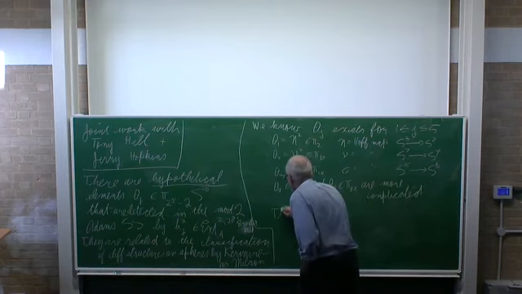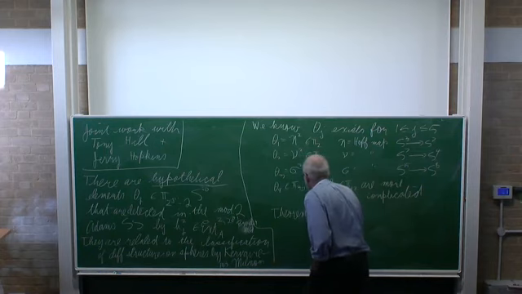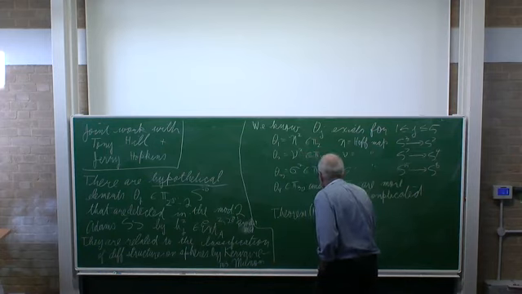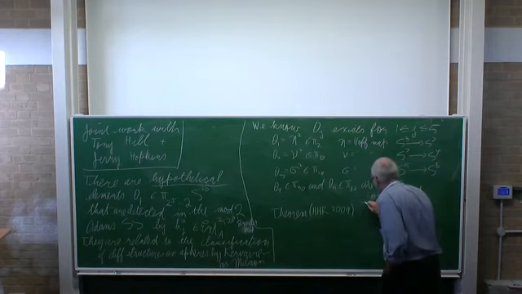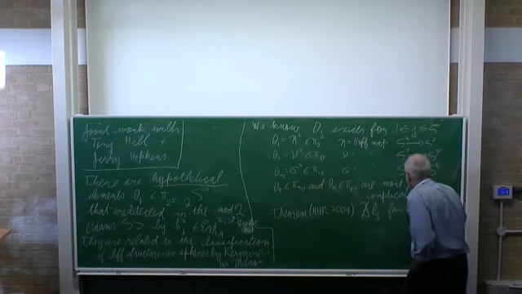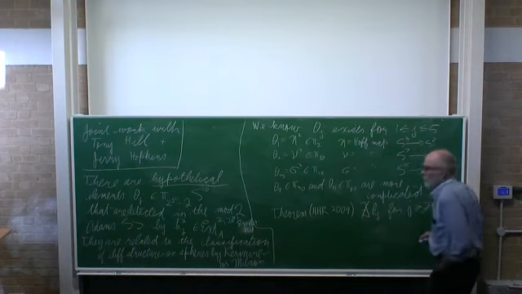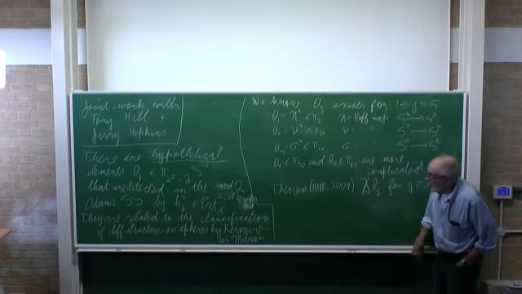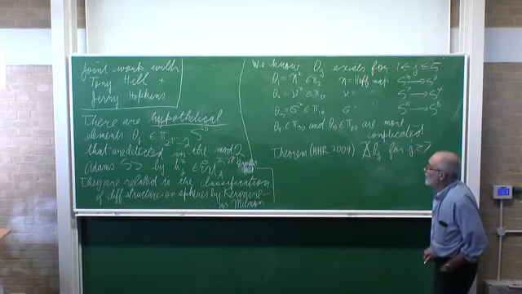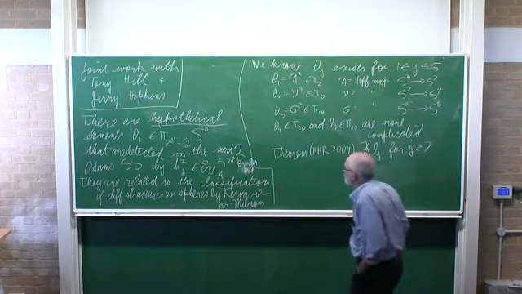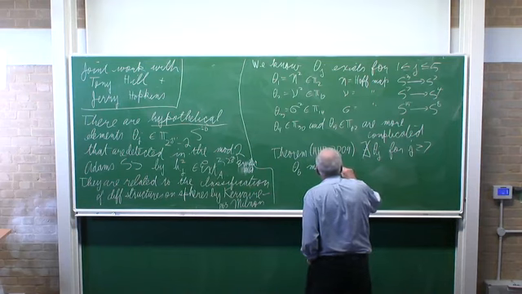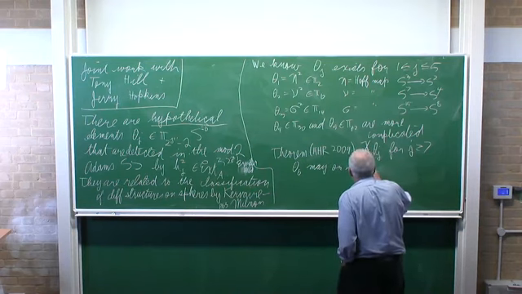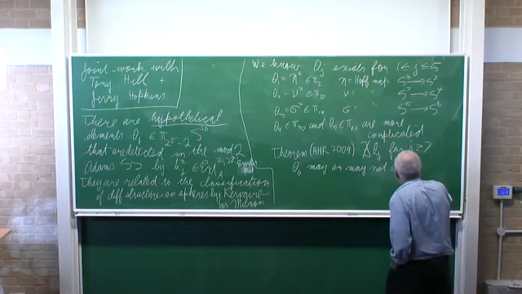Now, the theorem we proved is that theta j does not exist for j greater than or equal to 7. We don't know about the status of theta 6. Theta 6 may, as far as we know, may or may not exist.